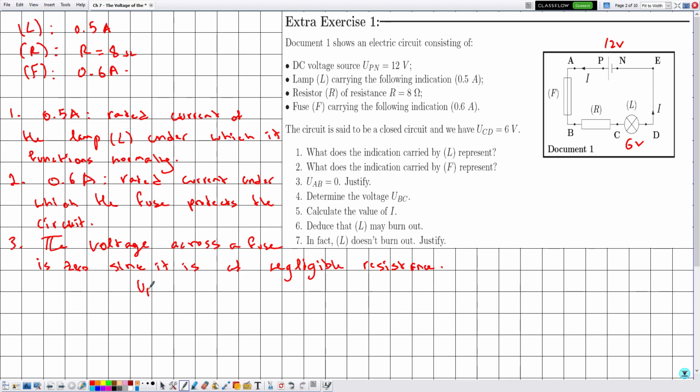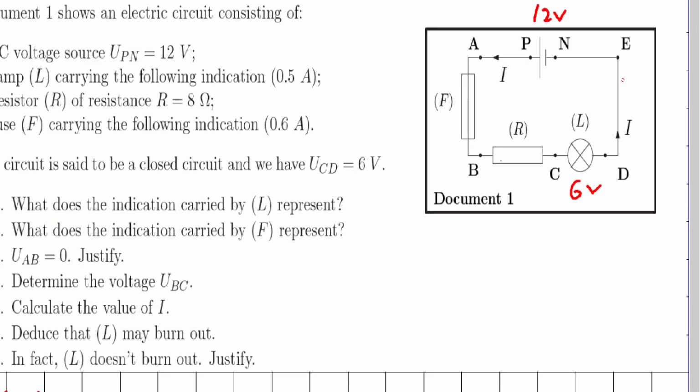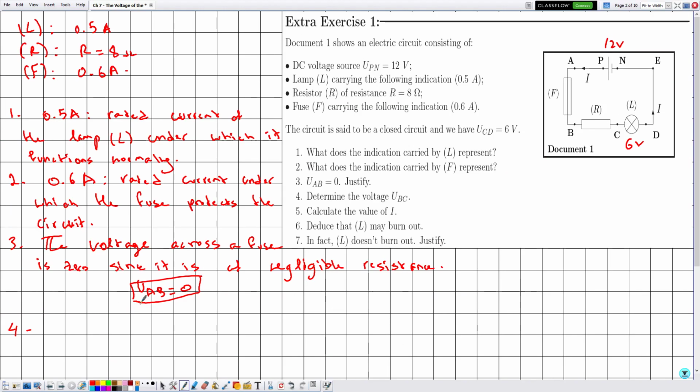So in this case UAB is equal to 0. Whenever they are asking me about voltage across branches, it means that we need to use the law of addition of voltages. Now in number 4 they are telling me to determine the voltage UBC. So indeed this can be determined using the law of addition of voltages.